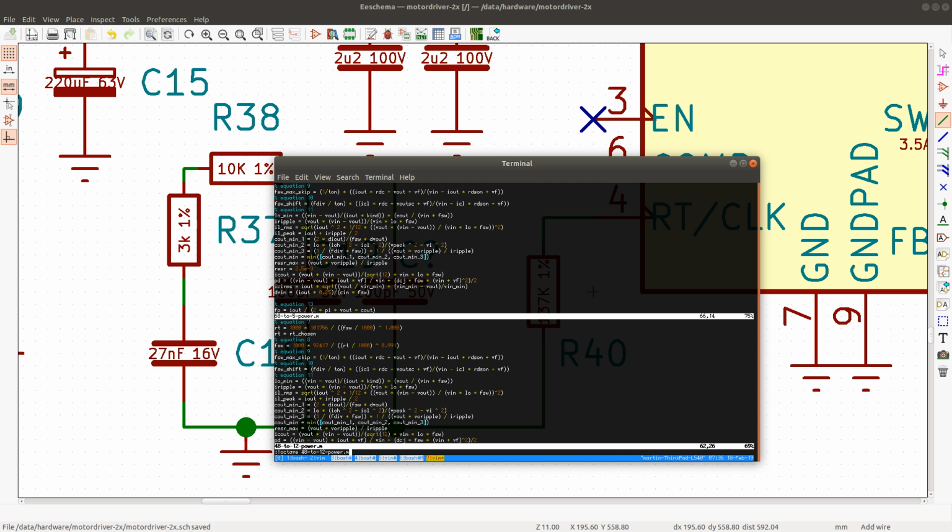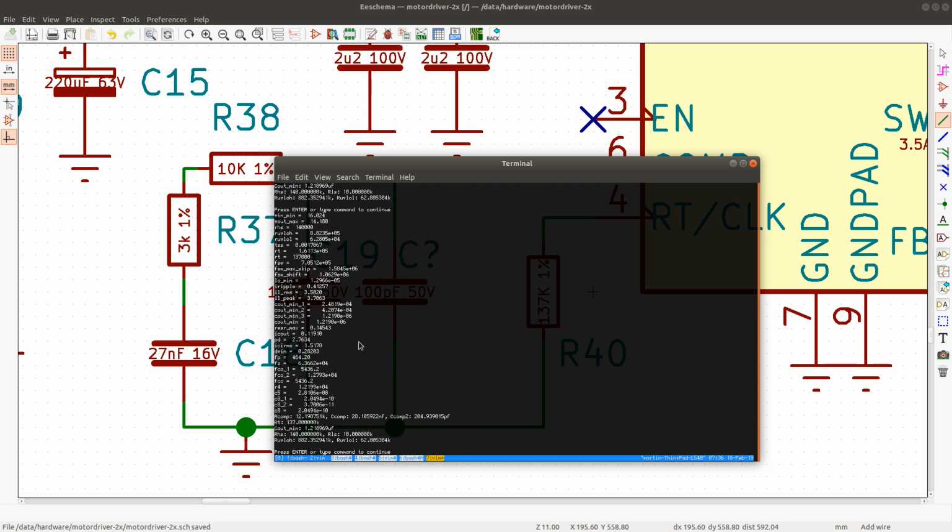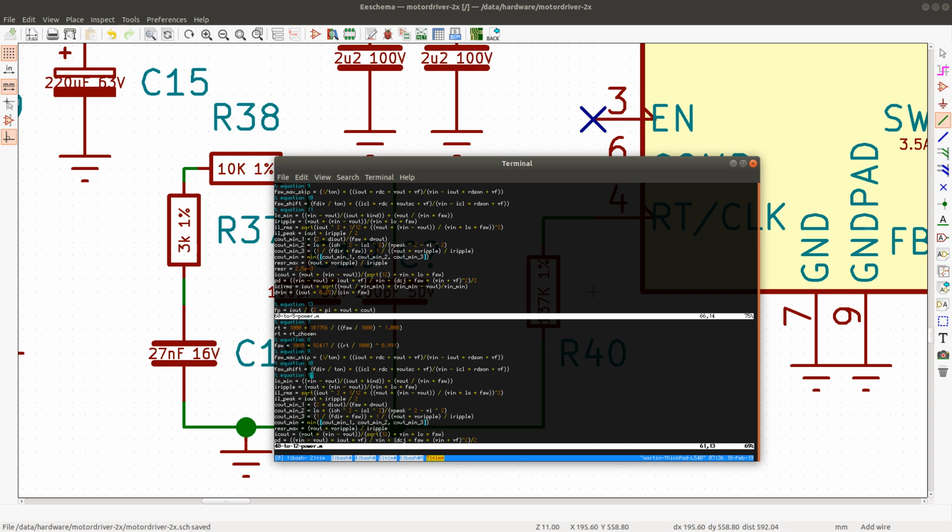Okay, so it affects the minimum inductance, so we have to check this. 1.29. Yeah, 12. Okay, so the inductance goes down a little bit, and the ripple is affected as well, but not by much.